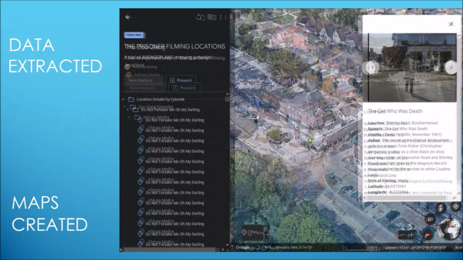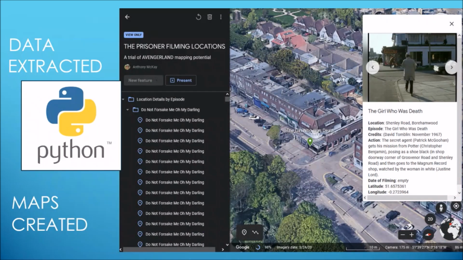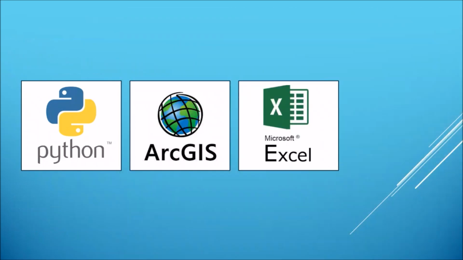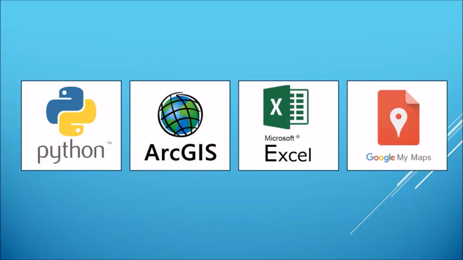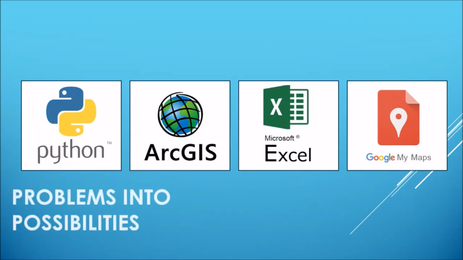Step by step, using different tools at each stage. The results were much better than expected, so I would encourage you to explore the potential of different tools, to take a few steps of your own and turn your problems into possibilities.